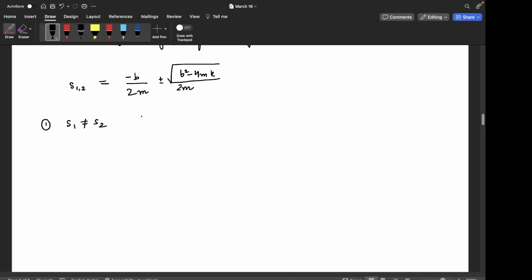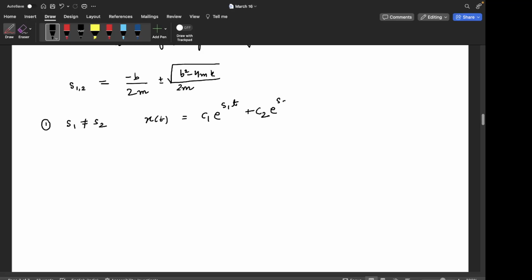As of now, we are not restricting whether the number is real or complex. If S1 is not equal to S2, then the response of the system can be written as the weighted sum of two exponentials, because we assumed the solution as C times e to the power st, and s has two values.